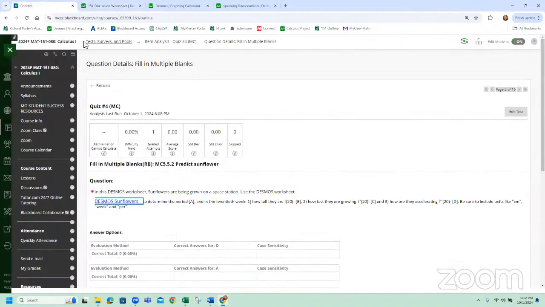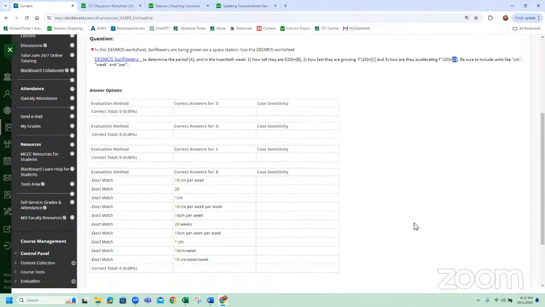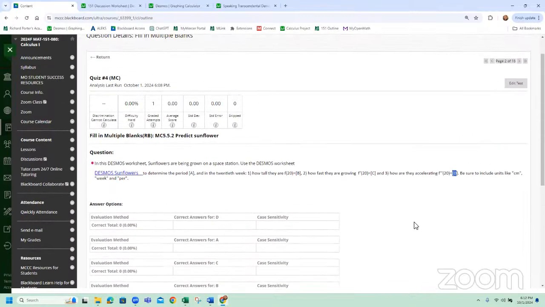Okay. So according to the sine regression, the period is 20, and in the 20th week, they're 1 centimeter tall and they're growing at 10 centimeters per week and they're accelerating at 10 centimeters per week per week. Sorry. Okay. All right. Any questions on that?